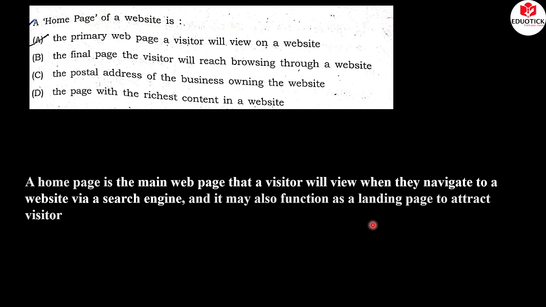The first page, the first screen you will see on your mobile or laptop after clicking into a website, is the home page. And when you are filling up some form, there will be an option back to home. So the home page means the first page you will see.